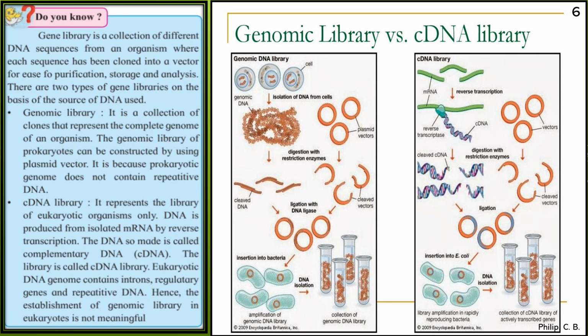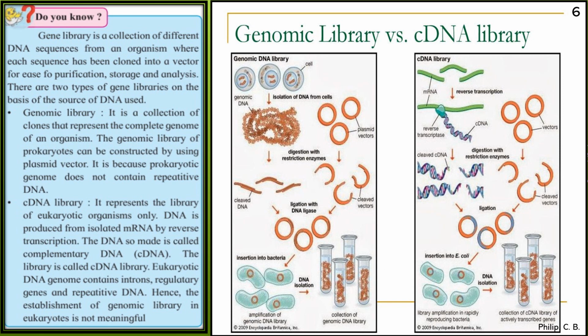At the same time, in the cDNA library, mRNA is converted by reverse transcriptase into cDNA. Simultaneously, the vectors are taken and cleaved by digestion with the restriction enzyme, and joined with the cDNA by ligation.